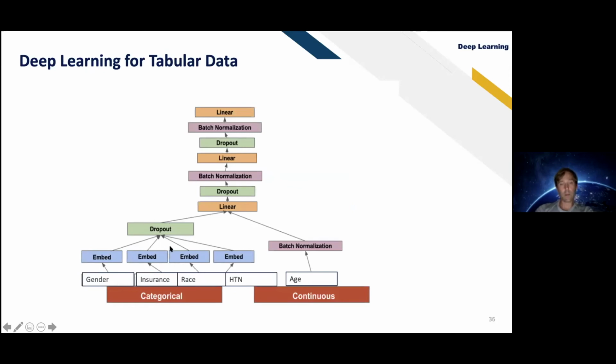Those are learned and fed further downstream into the layers of the deep neural nets. And then you also take your continuous variables, do some normalization with those, and feed that in as well. It's then the same idea as we illustrated before. You have multiple layers that are learning better feature representations or data representations, and then you make some final prediction as the final output of the model itself.